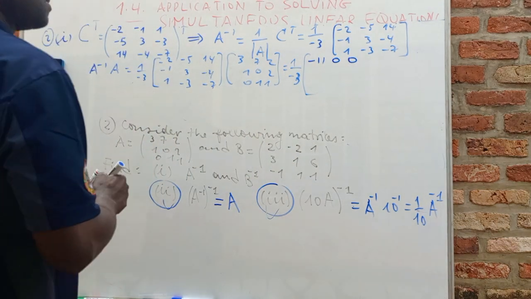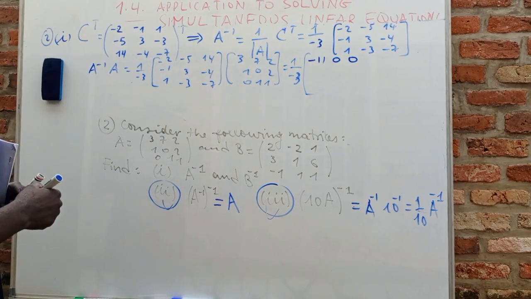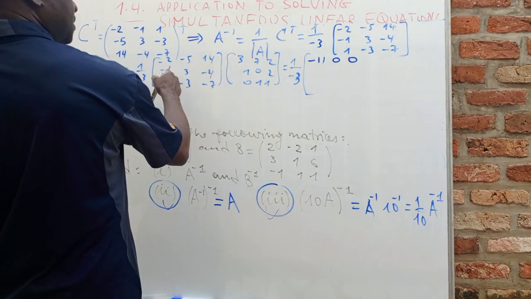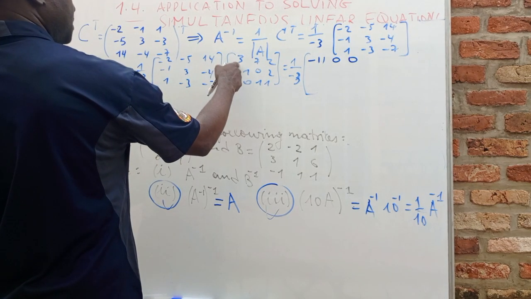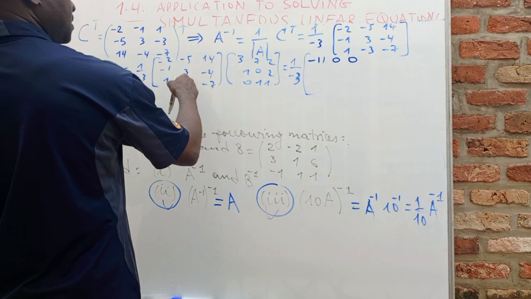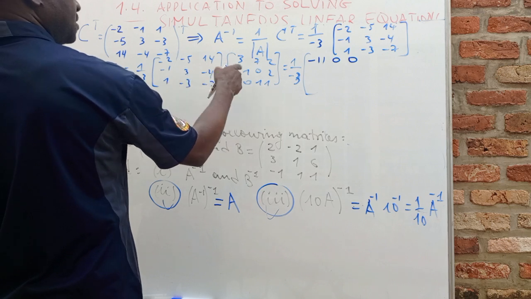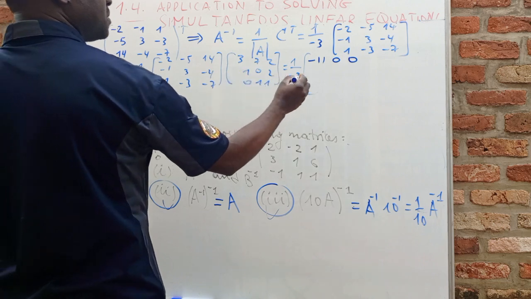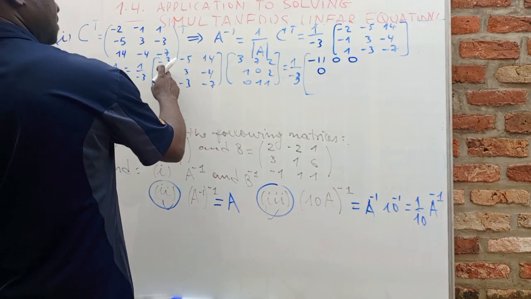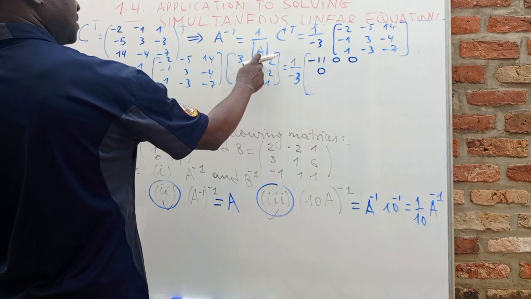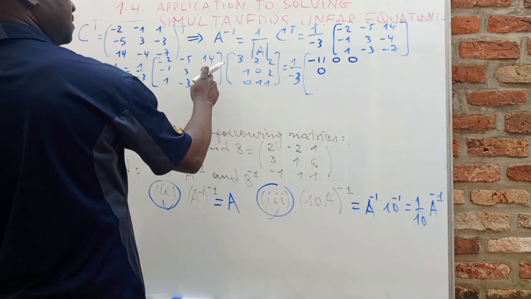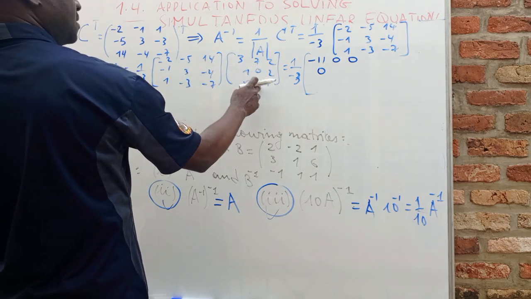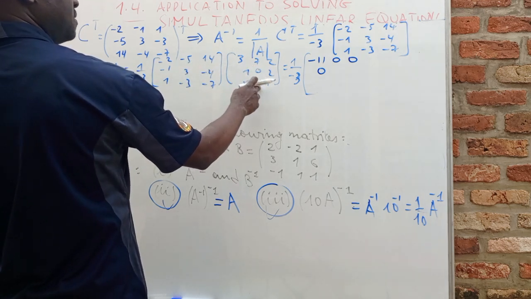Okay, so let us continue. Now, negative 1, negative 3, positive 3 minus 3 is going to be equal to 0. So negative 7, so this is 0, and negative 4.